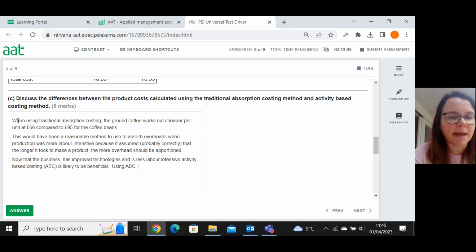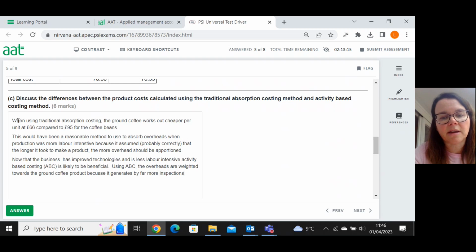Using ABC, see what I mean? The overheads are weighted towards the ground coffee product because it generates by far more inspections and IT support hours, being the cost drivers for the overheads.